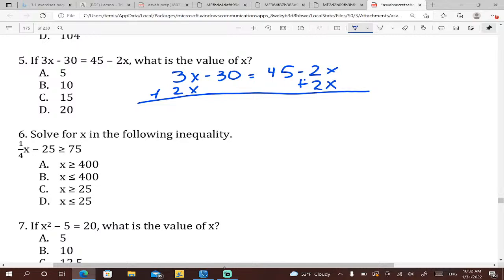So I can't put that 2x under the 30 and say that that's -28, because that's like having $30 and then the x's be apples, and somehow you cannot put those together. So don't try it. All right, so 3x and 2x is 5x.